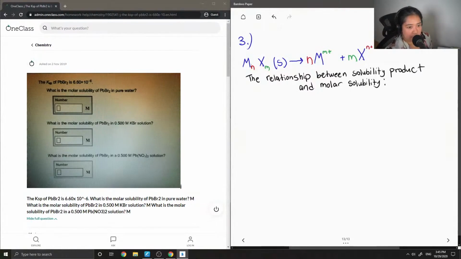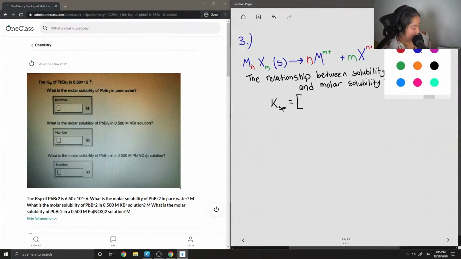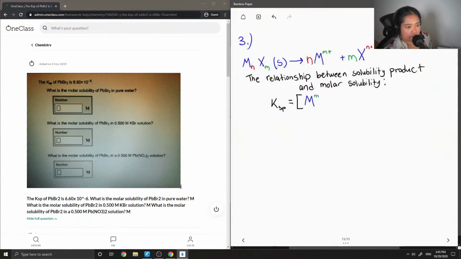So it can be expressed using the following expression, where Ksp is equal to the concentration of your cation to the power of its coefficient.